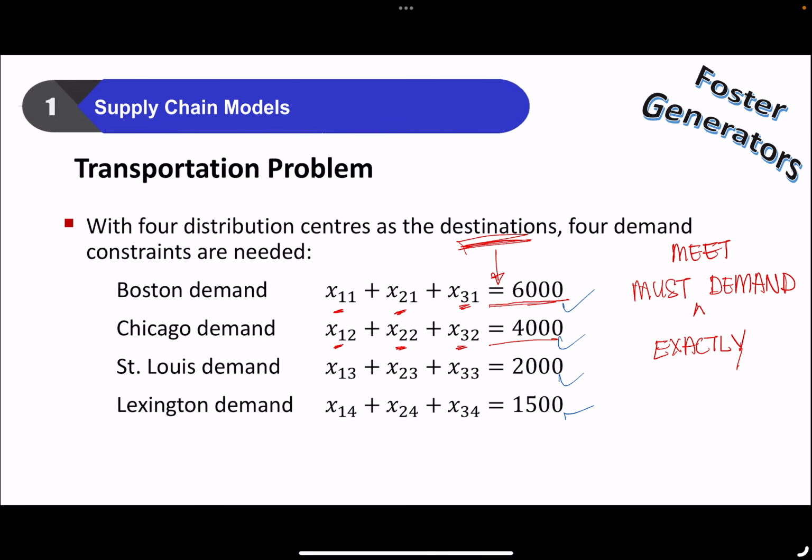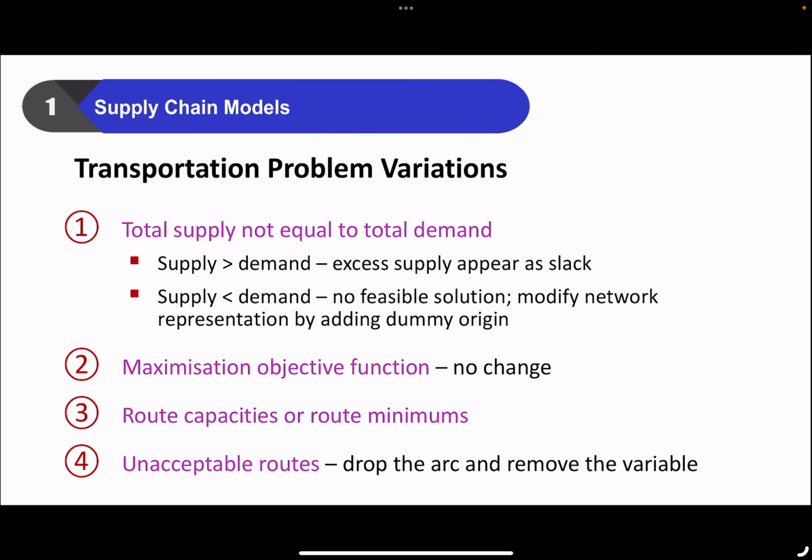So in the Foster Generators example, we looked at a network where the supply equals the demand.